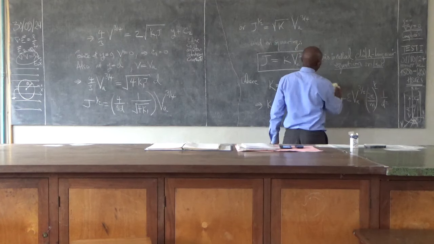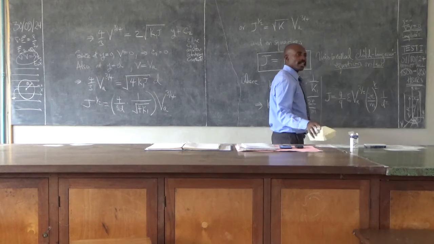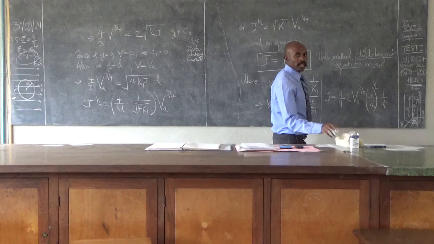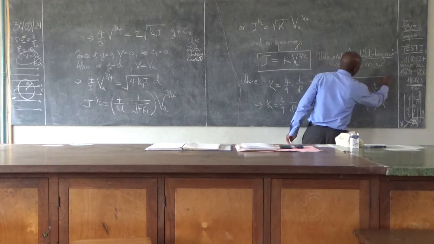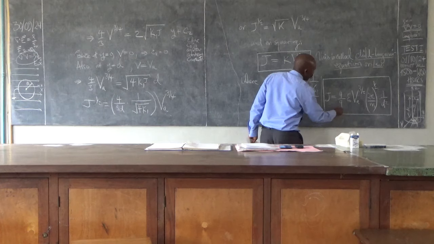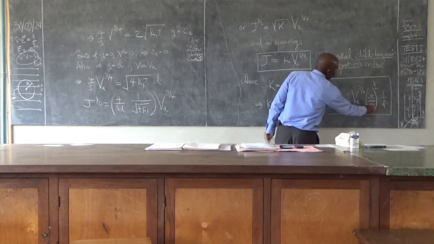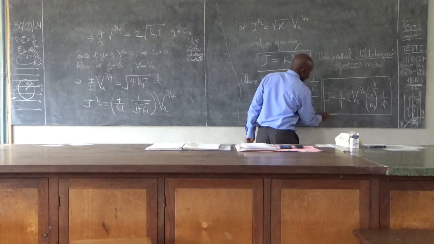If you were required to find the potential at the anode, then you would make VA the subject. Any other thing one can ask? If you are asked to find the mass of these electrons, show that the mass of the electrons, so M would be.